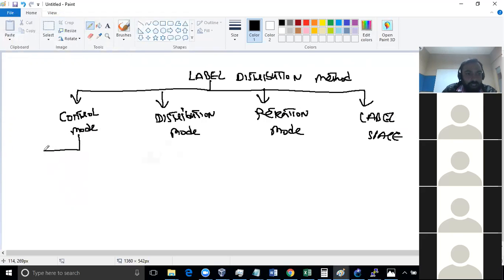Control mode you can divide into two categories. One is known as independent control mode, and the second one is ordered control mode.